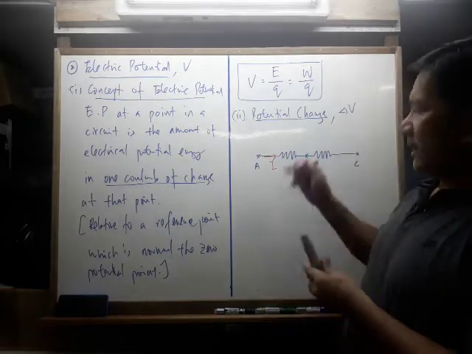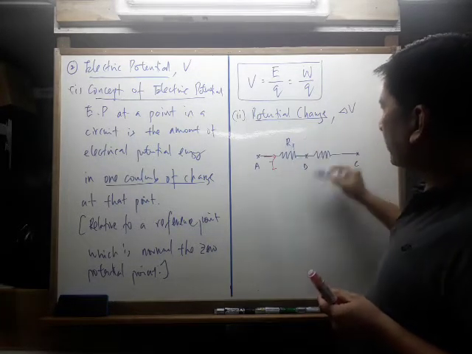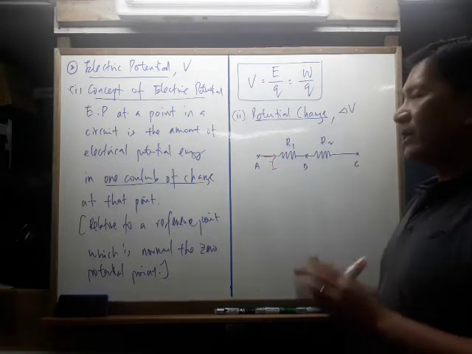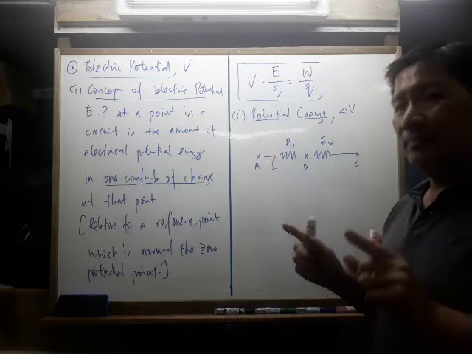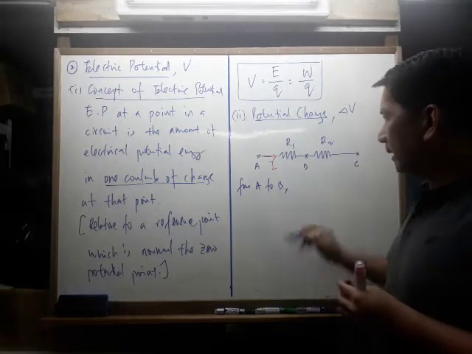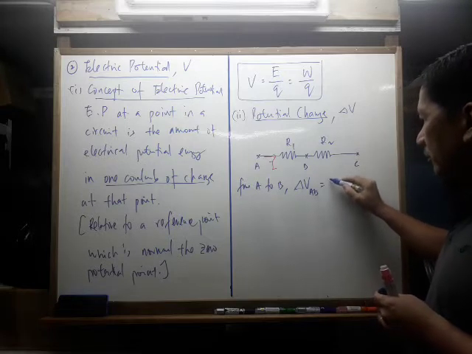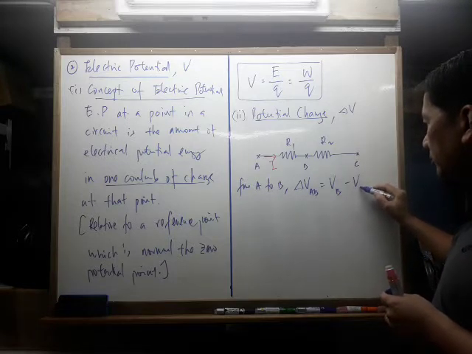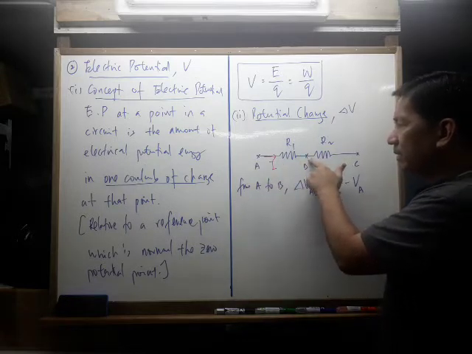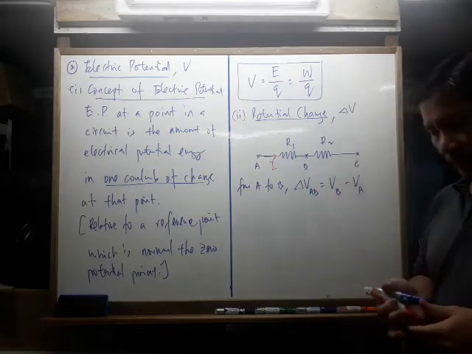Let's assume again this is our resistor R1 and this is resistor R2. When you ask what is the potential change from A to B, the potential change is equal to the potential at B minus the potential at A. We already know that potential B is lower than A, so you're using a smaller number minus a larger number, you get a negative.